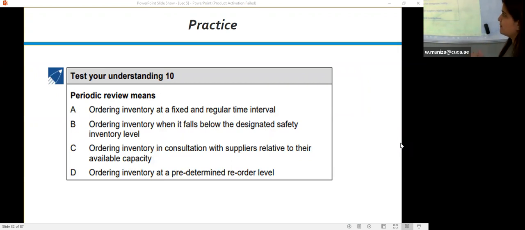Ordering inventory when it falls below the designated safety inventory level. No, we have not discussed it. Ordering inventory in consultation with suppliers relative to their available capacity. No. Ordering inventory at a predetermined reorder level. No. We are going to do the periodic review and we have to make the replenishment order up to the amount of the inventory which needs to be refilled in our warehouse.